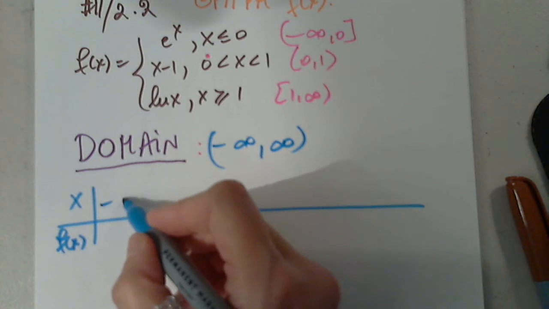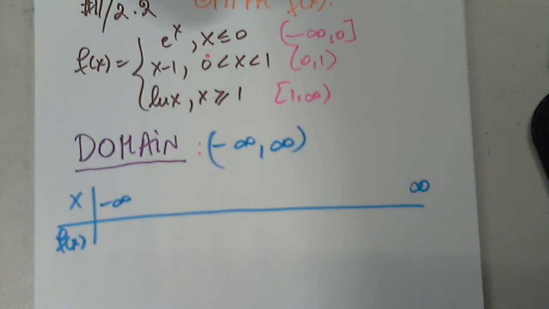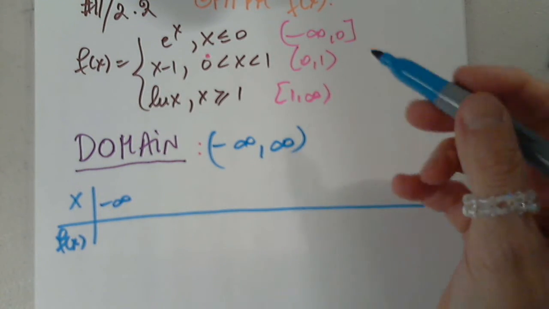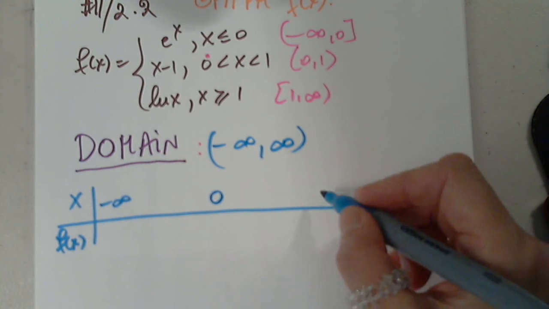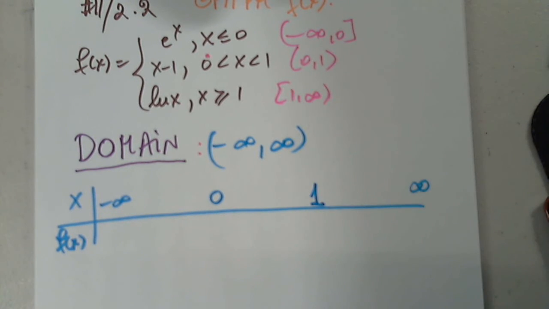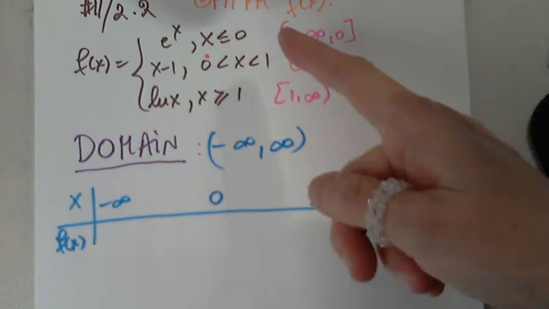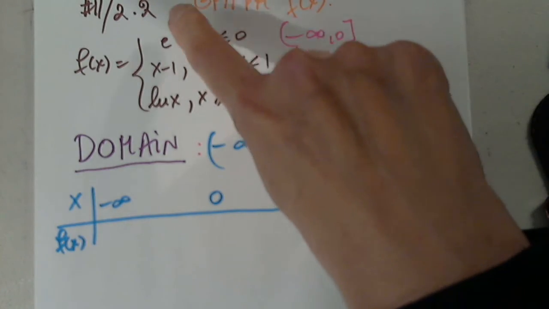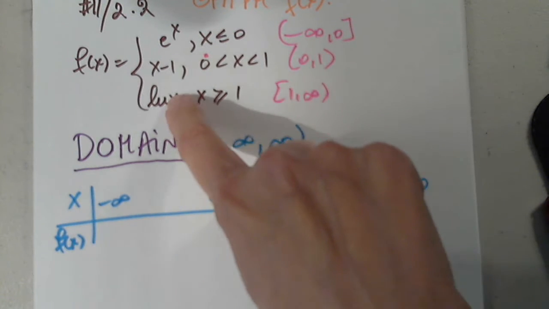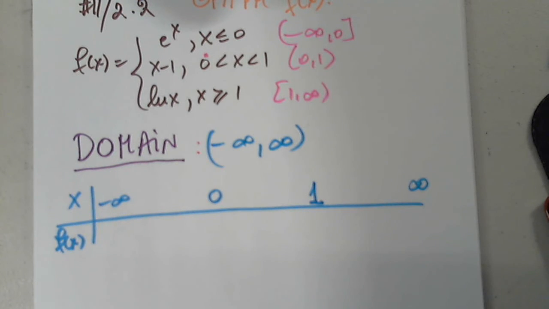So that's what I'm going to put in the table. And definitely these values of x have to be in the table. They are crucial values because the function changes at 0 from this to this, and at 1 from this to this. So these must be very important x values.